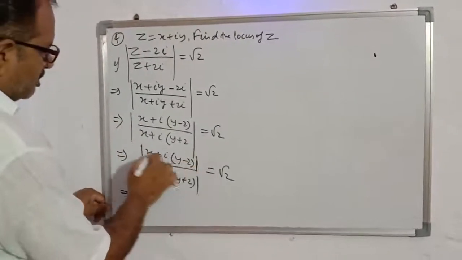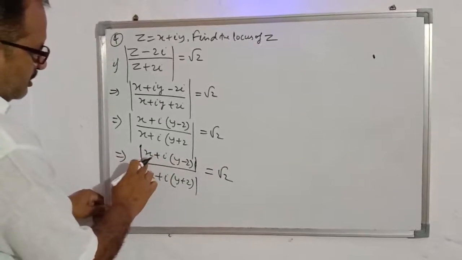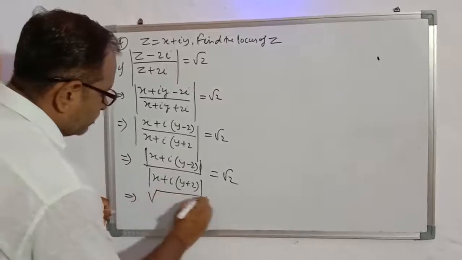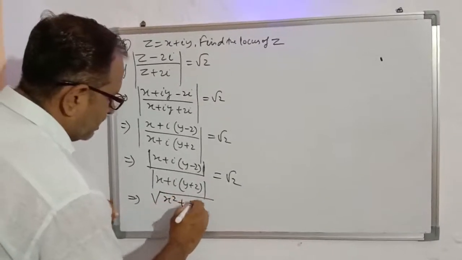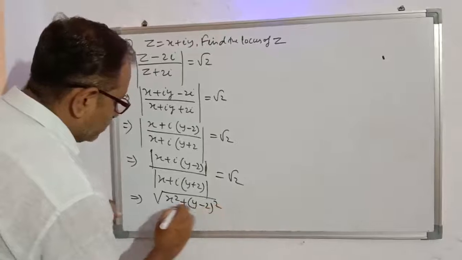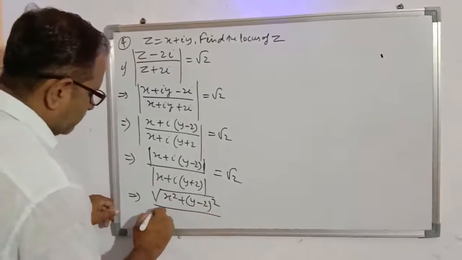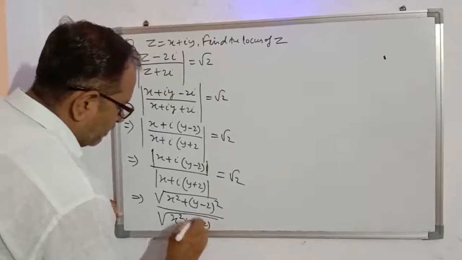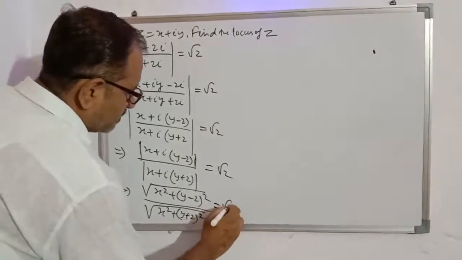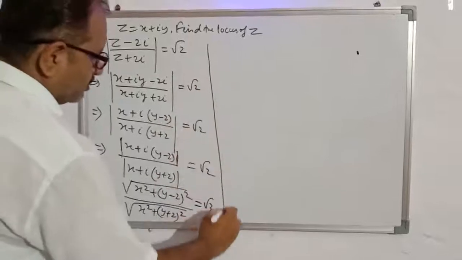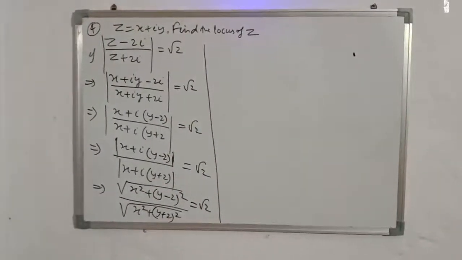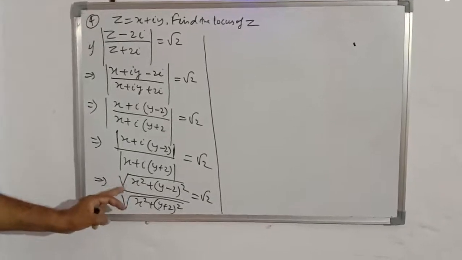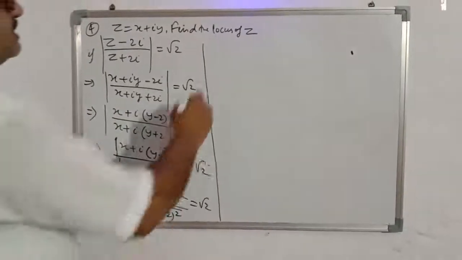What will be the mod of the numerator? Under root, square of the real part plus square of the imaginary part. Under root x square plus y minus 2 square, and this one under root x square plus y plus 2 square is equal to root 2. Squaring on both sides, we will remove the sign of root from the left side.